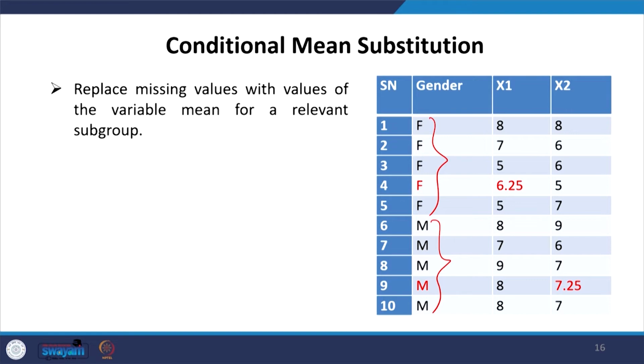What you do, instead of averaging over everything, is average the value for females and average the value for males separately. So, replacing missing values with the relevant mean for a relevant subgroup is very important. It is carrying this average, or as per the requirement it could also be the mode value. So instead of the entire data, you follow the subset of it and replace accordingly.